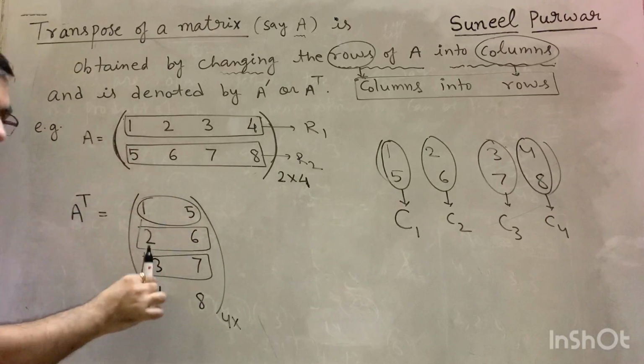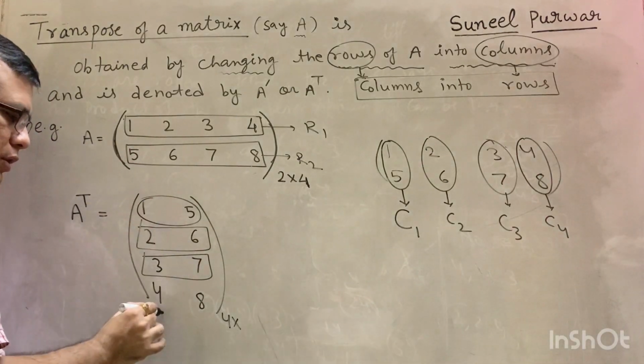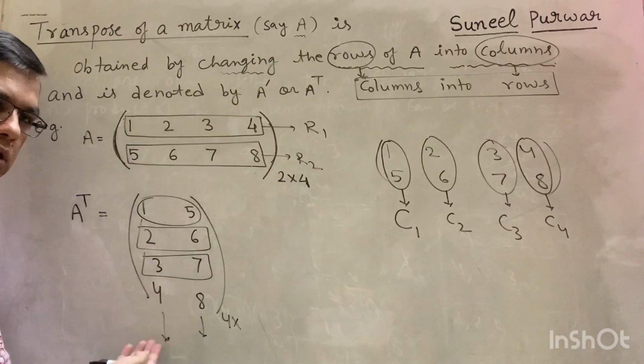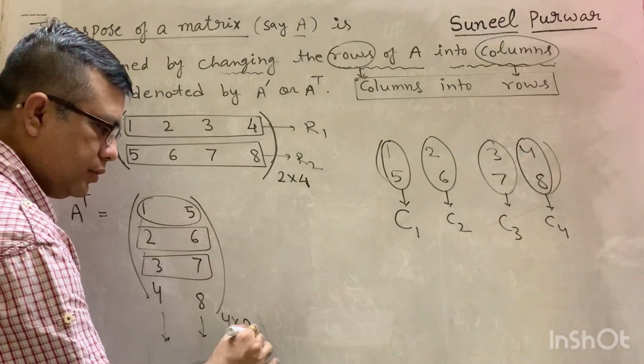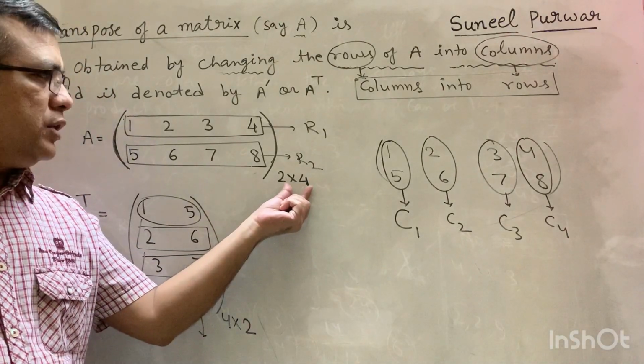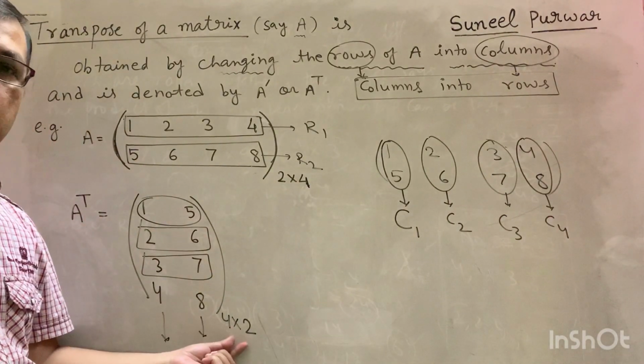In how many vertical entries do you see the elements? This is one column, and this is the second column. So there are 2 columns. So if the original matrix is of the size 2 by 4, then its transpose is of the size 4 by 2.